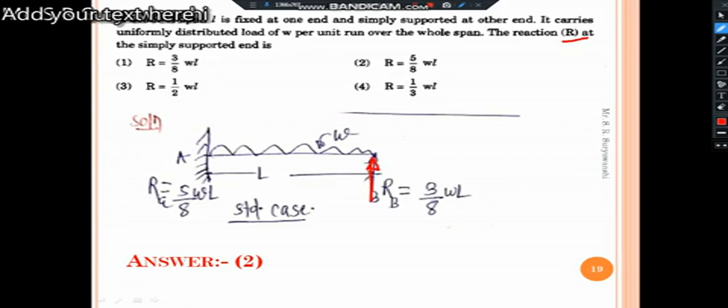Reaction at simply supported end is given by the standard formula 3/8 WL, and at fixed end reaction is given by 5/8 WL. So they have asked at the simply supported end, so the answer is 3/8 WL. So the option A, option 1 is the answer.